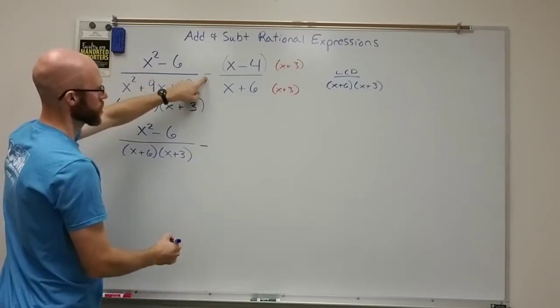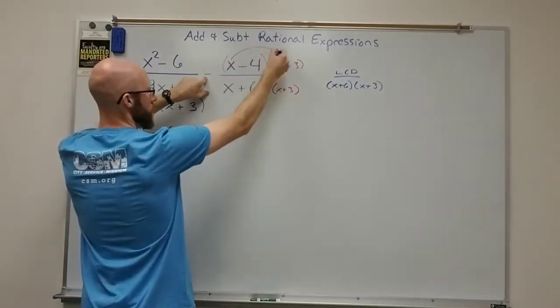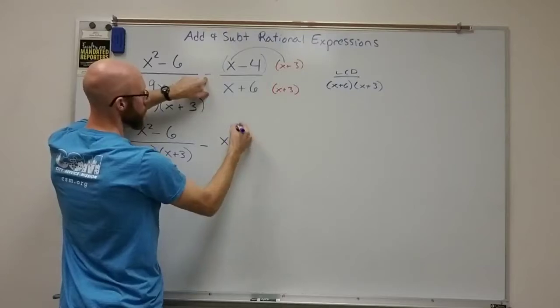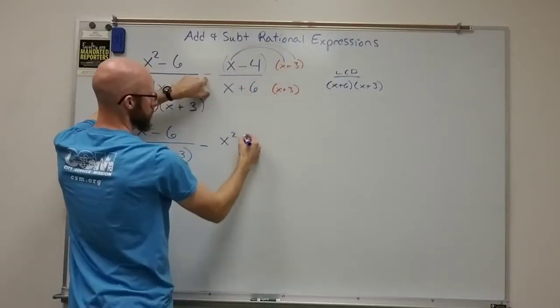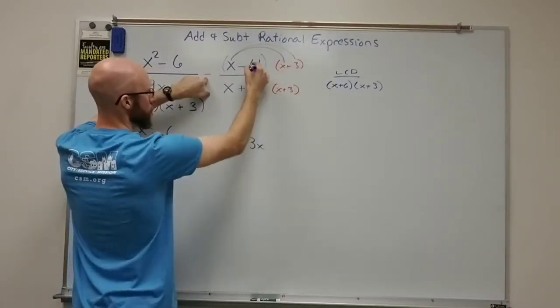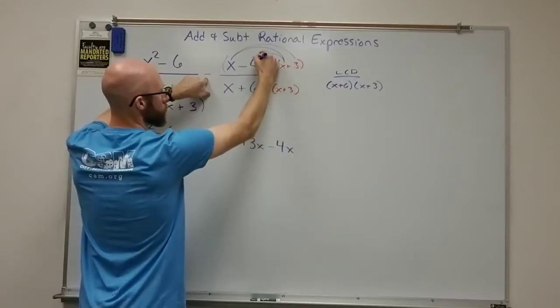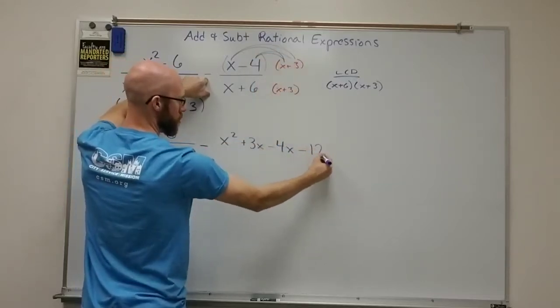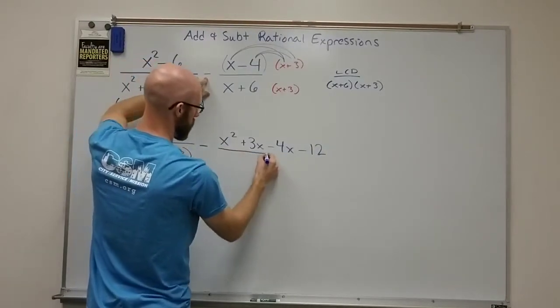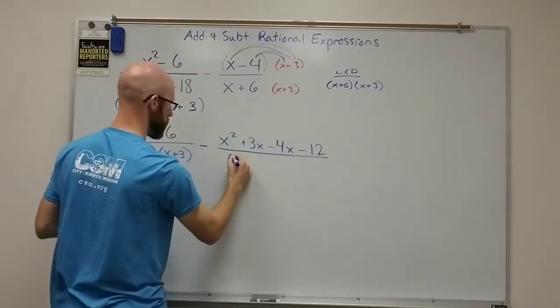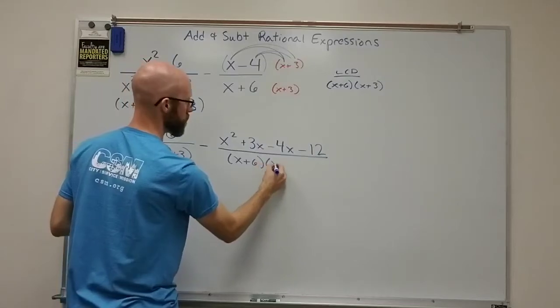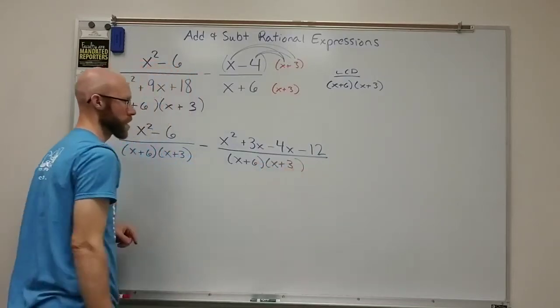Then I have my subtraction. Now here I distribute x times x, x times 3, minus 4 times x, minus 4 times 3. The denominator is still x plus 6 times x plus 3.